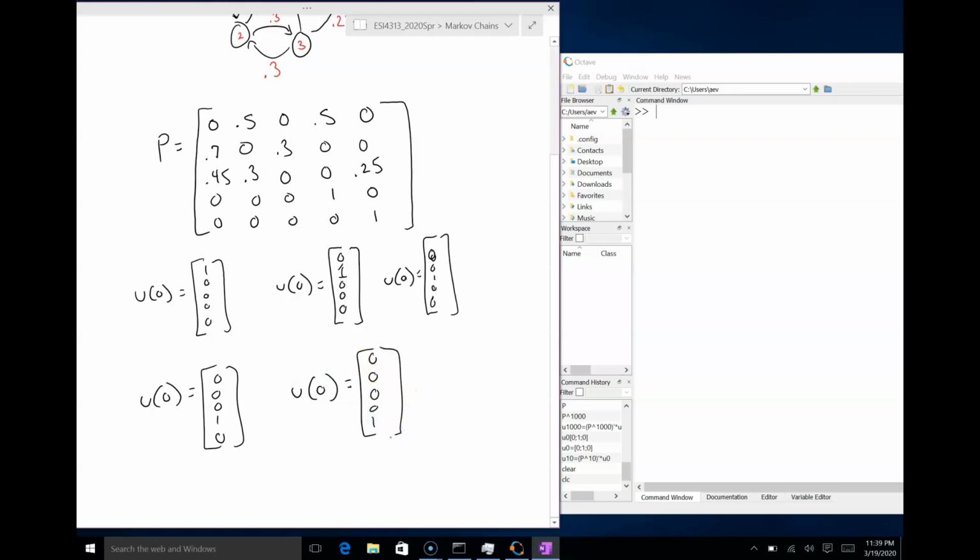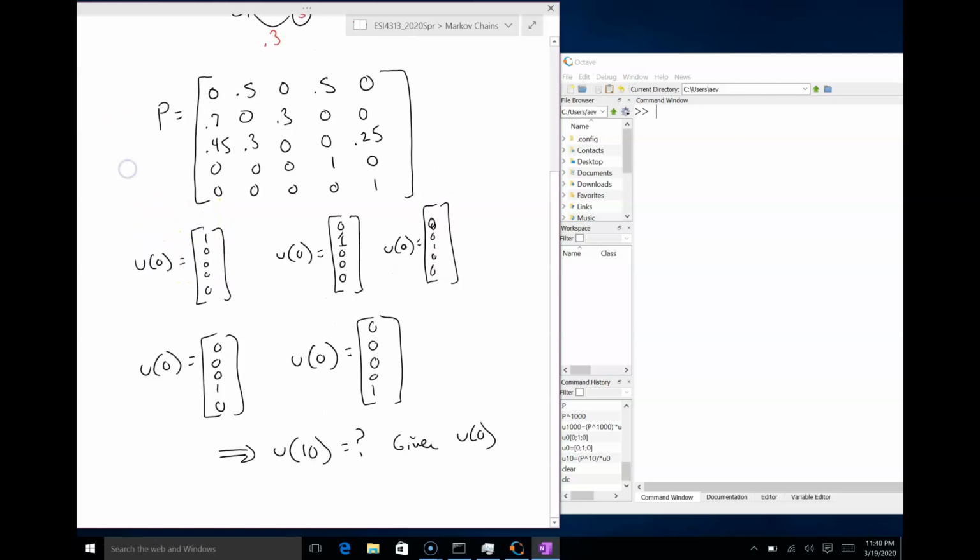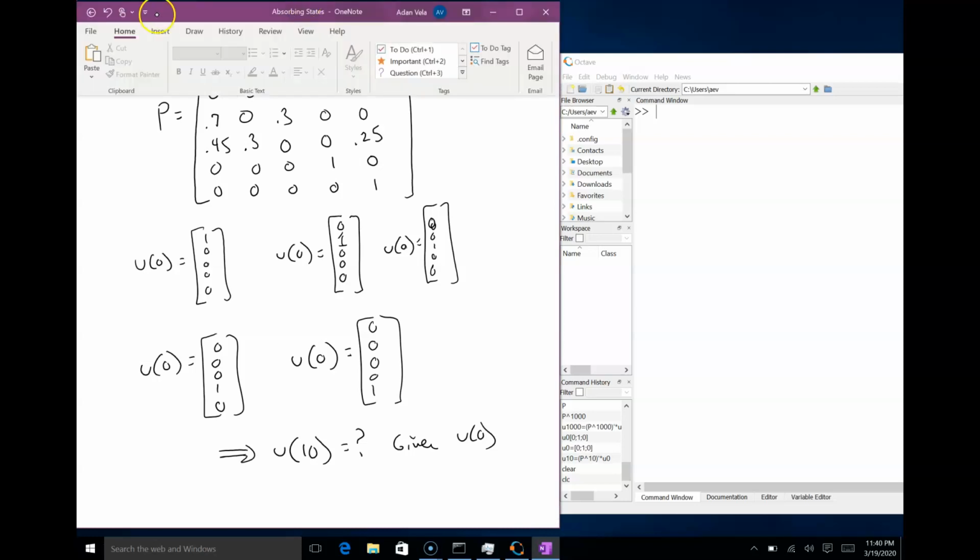And so what we're going to ask ourselves, what is U of, let's say, 10, given one of these U zeros? So this is the first case where we start in state 1, right here.